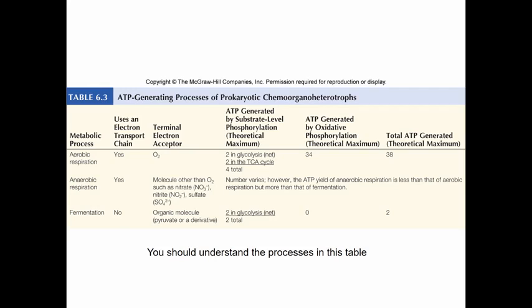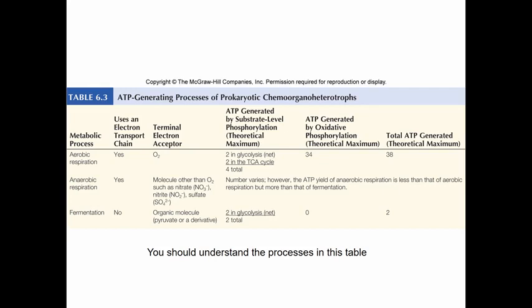Next set of columns: ATP generated by substrate level phosphorylation and ATP generated by oxidative phosphorylation. Substrate level phosphorylation is the direct production of ATP. I do this chemical reaction, ATP pops out.